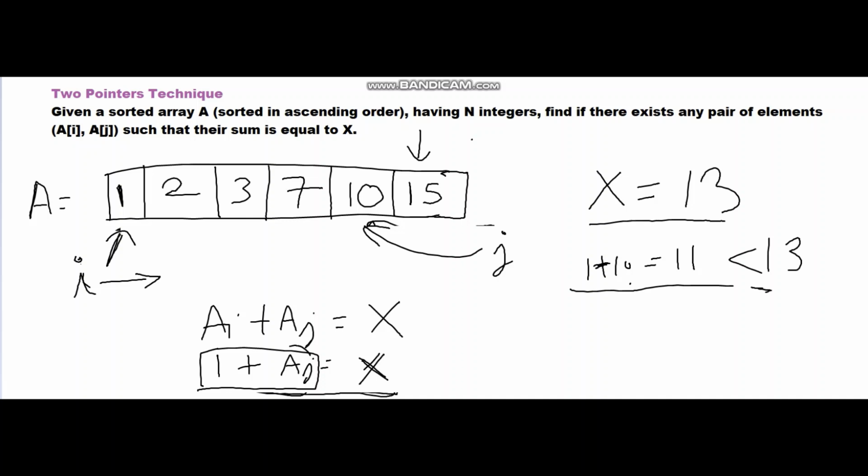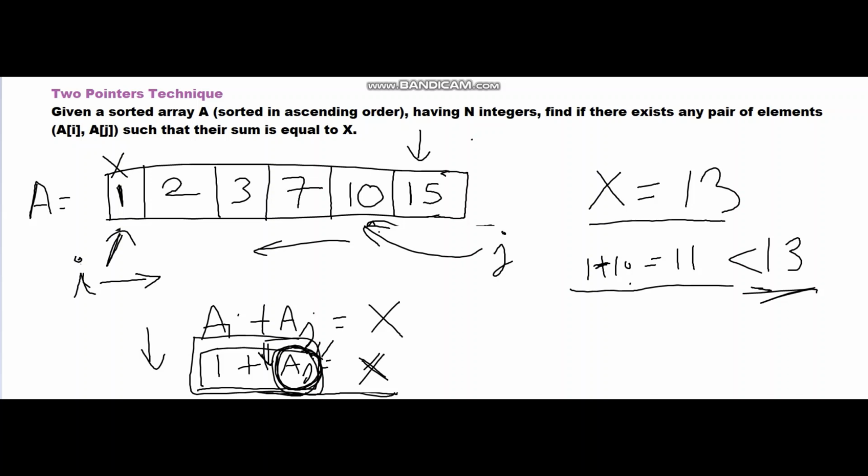If we go towards the left, then aj will decrease. So we already have the max value of aj over here, which is 10. If I decrease the value of aj, the overall value will decrease. So even if aj is the maximum possible value, the summation is less than 13. If we keep on decreasing aj, it will always be less than 13. It can never be equal to 13.